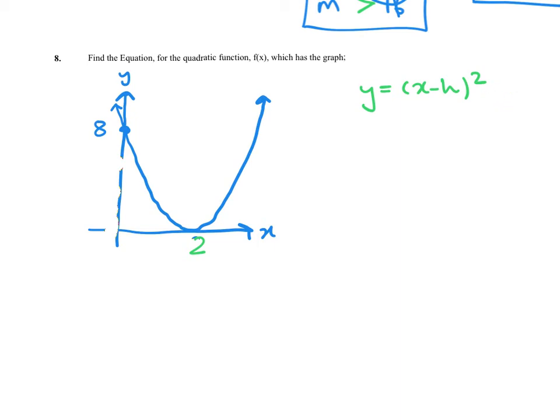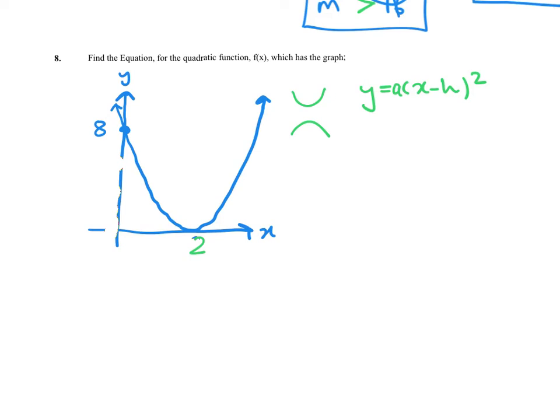Now we look at what has been given. We also have a number in front that we can call a, because we don't know that number. That number has an effect on the shape of the graph, whether it's going to be concave or convex. Looking at this graph, we know it's going to be convex, which means a is going to be positive, but we don't know the value.